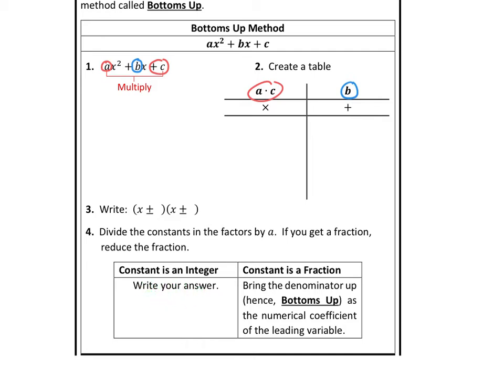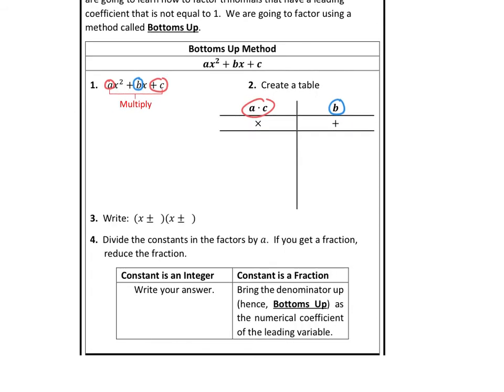If you can't divide the fraction, then you bring the denominator up. Like I mentioned last class, these will make a whole lot of sense once we start practicing examples.